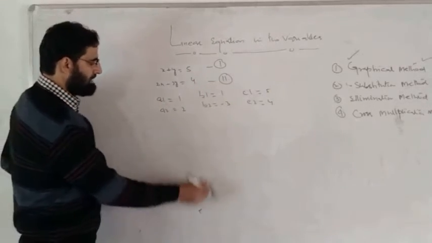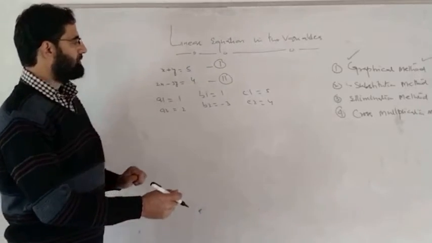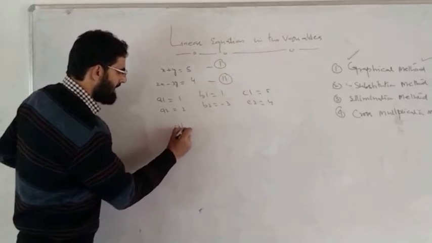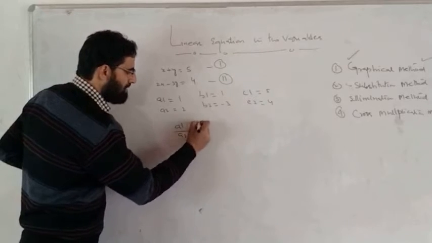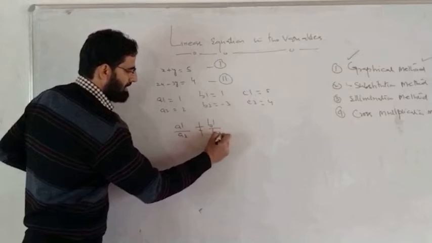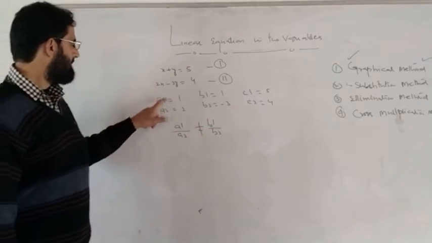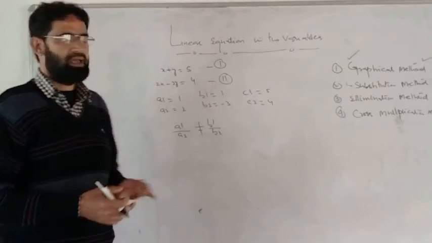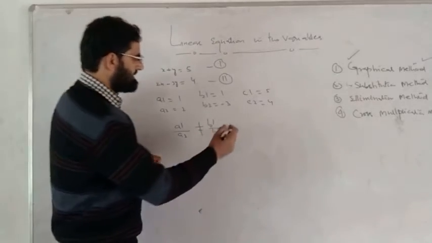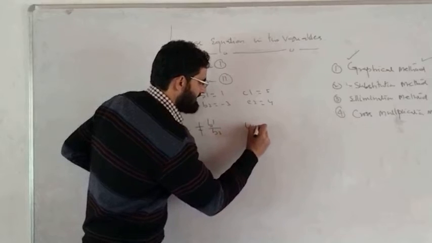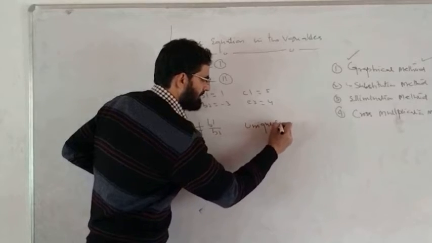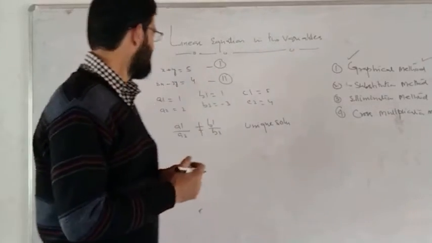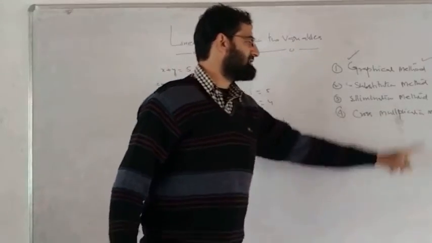Now we know the criterion for the equations to have a unique solution: a1 by a2 should not be equal to b1 by b2. Here a1 by a2 is 1 by 2 and b1 by b2 is minus 1 by 3, so they are not equal. Obviously the system has a unique solution, and when there is a unique solution we have to find it by applying the cross multiplication method.